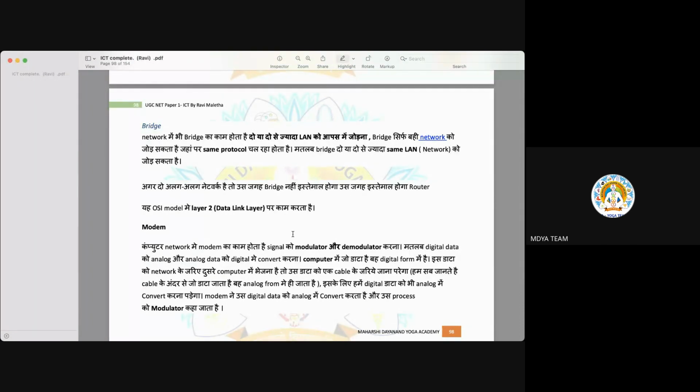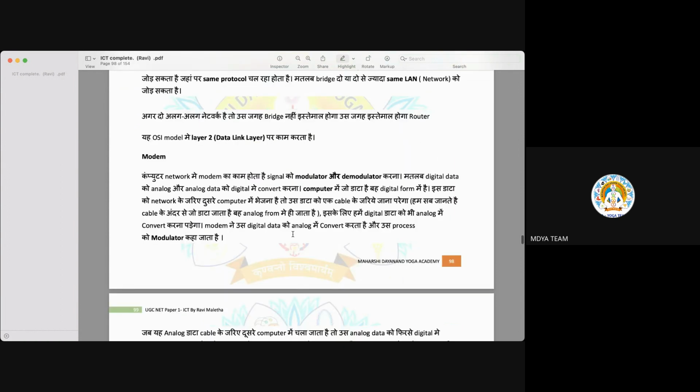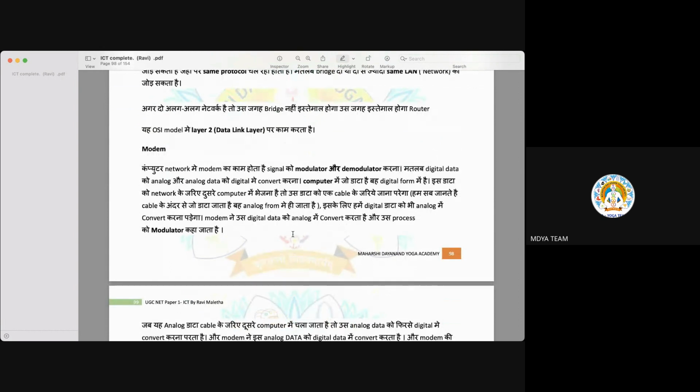So modulator converts digital data to analog, and then demodulator, when we feed it to the computer, converts analog to digital data. So this is again a very important device when we use cable to access internet or to access other networking devices.